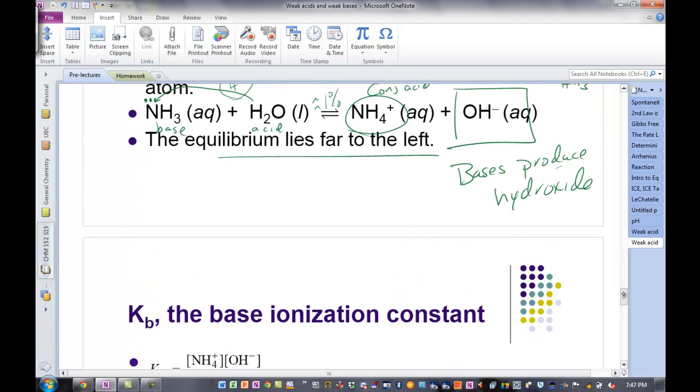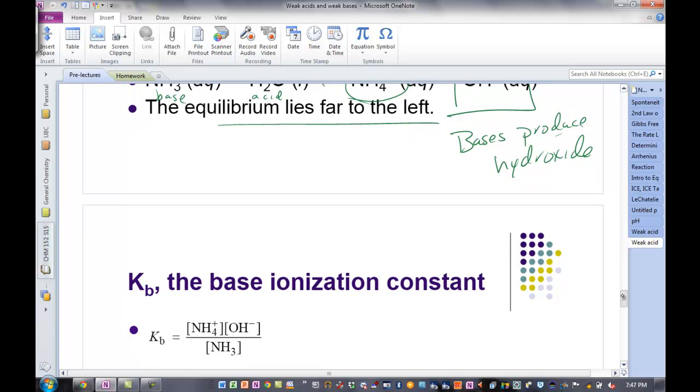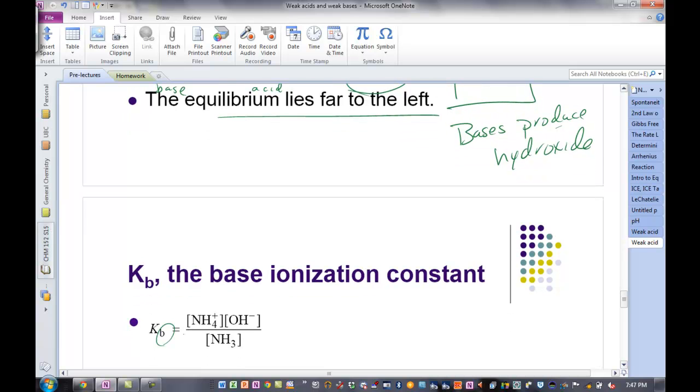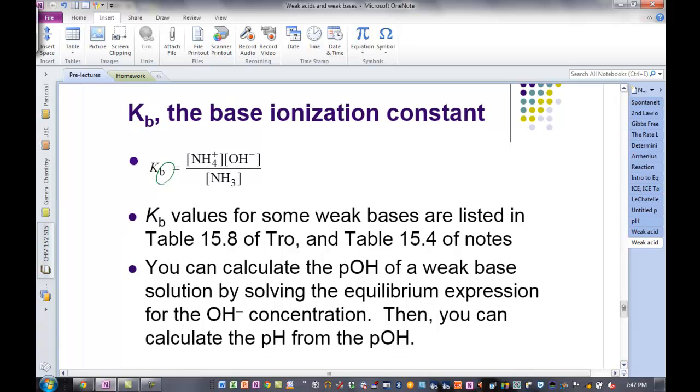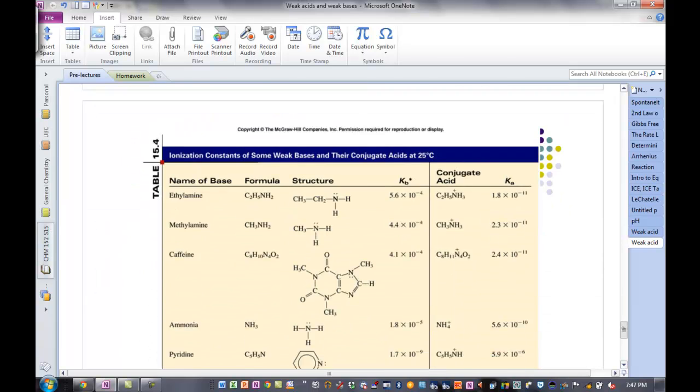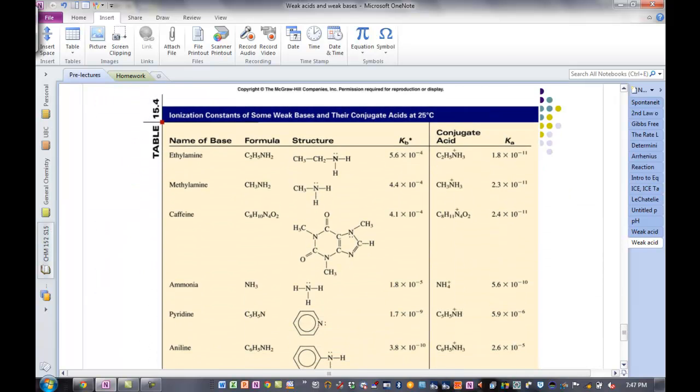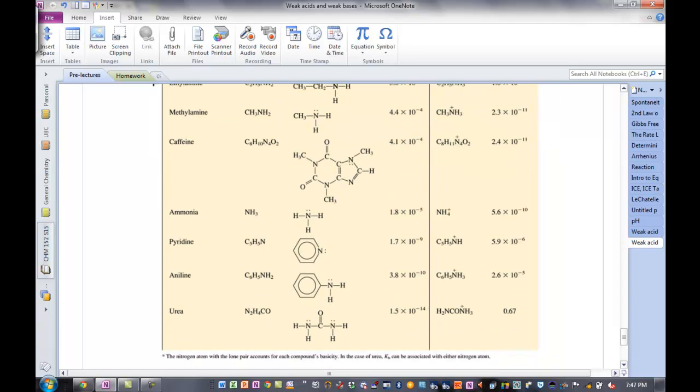We can write a Kb expression for that reaction just like a Ka. We do use Kb for base. And again, you can look up these values. And here's a different table than your book showing some Kb values. So we're going to do a problem really quickly with that weak base. That weak base is aniline.